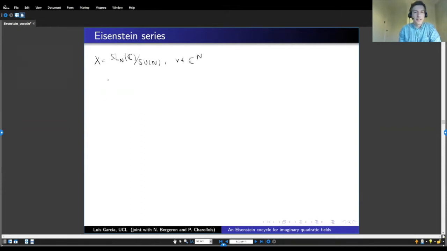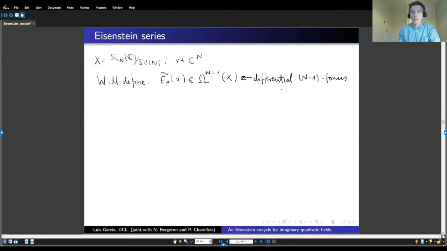And I am now going to define the following, an Eisenstein series that I denote by E tilde, which is an n-1 form on X. So this is the space of differential n-1 forms on X.